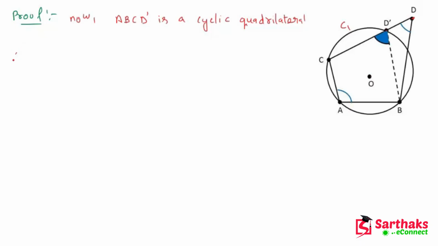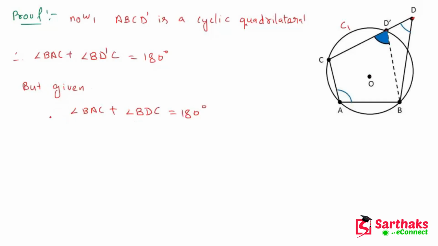Angle BAC plus angle BD dash C is equal to 180 degrees, because opposite angles in a cyclic quadrilateral are supplementary. But given is angle BAC plus angle BDC is equal to 180 degrees.